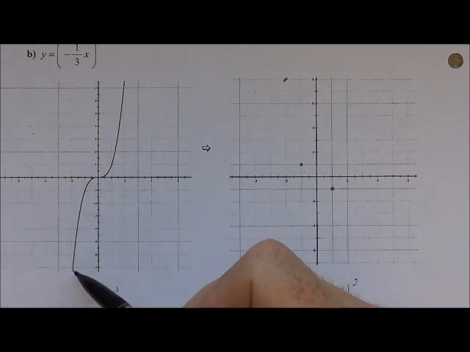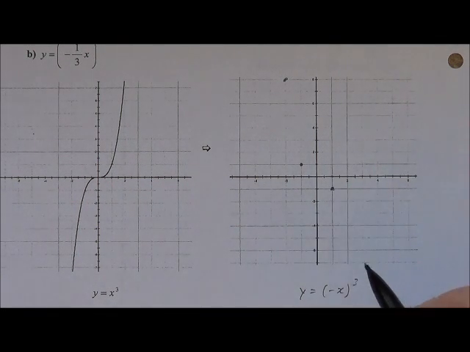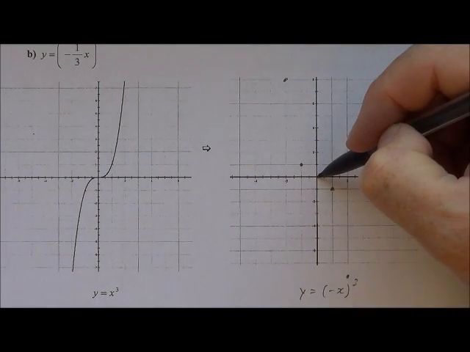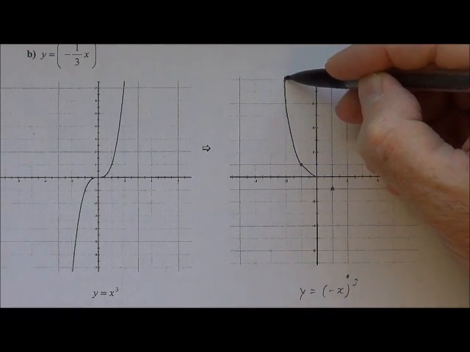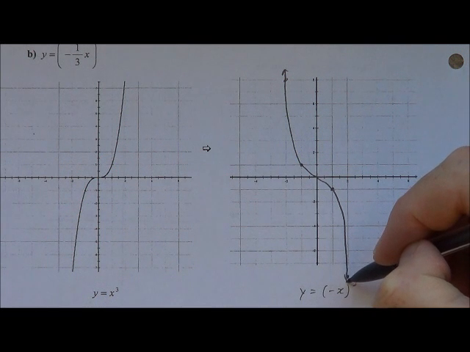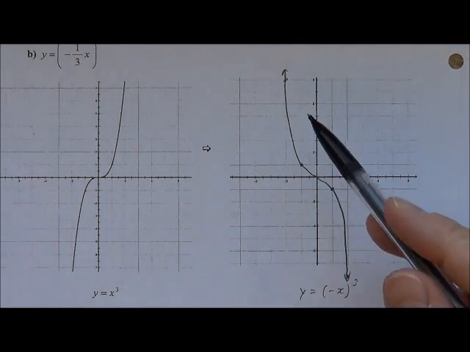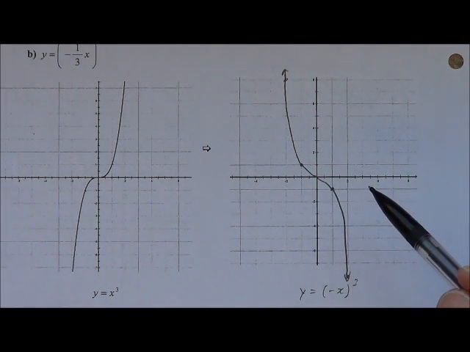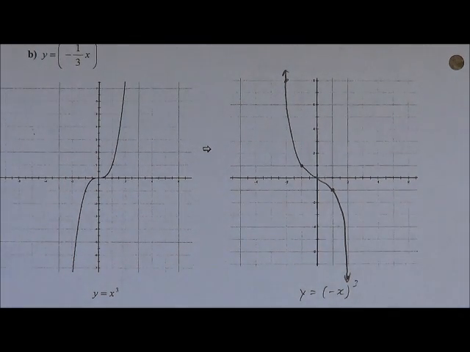And then, of course, the point at negative 2, -8 goes to 2, -8. And that point is going to be difficult to find here. Okay, so that's the first part of the transformation where it's reflected in the y-axis.